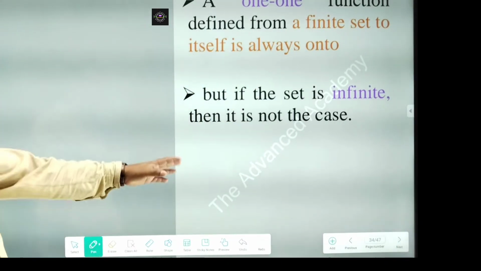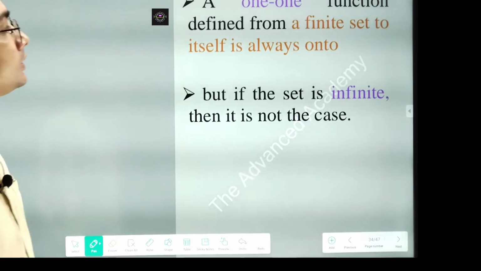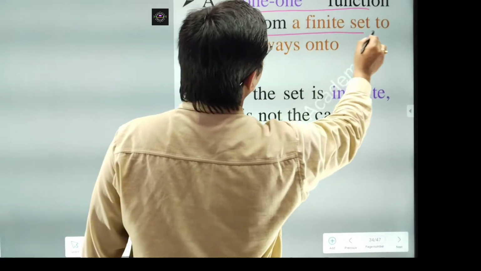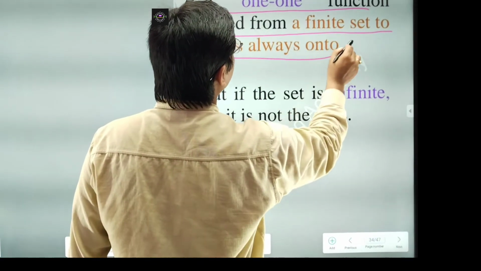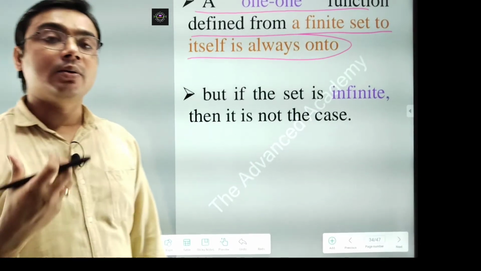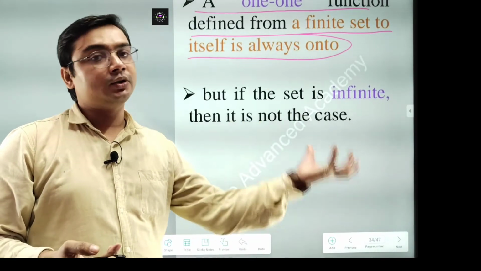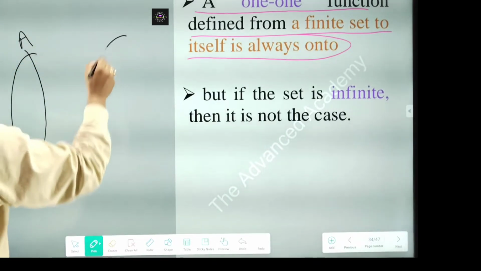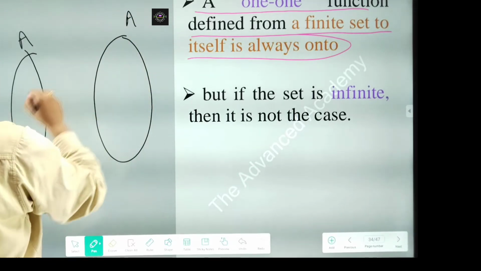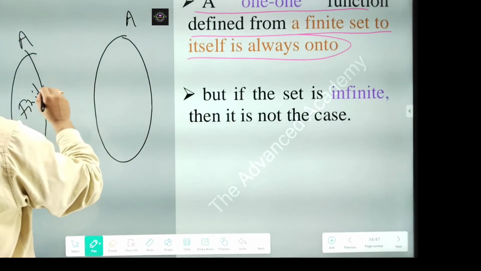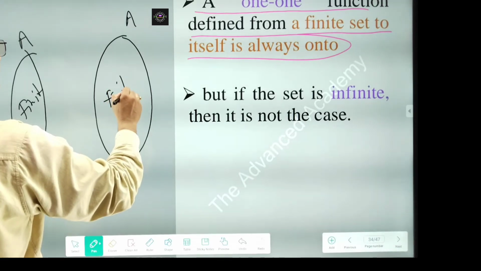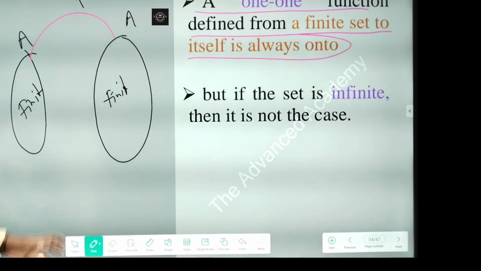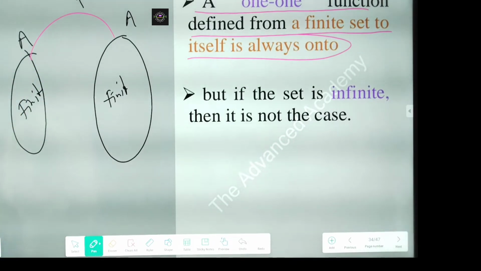So now you see some properties of these one-one and onto functions. You see a one-one function defined from a finite set to itself is always onto. A one-one function from a finite set to itself. Suppose we consider A is a set which is finite. And suppose f is a one-one function, then we can easily verify that this function will be onto also.